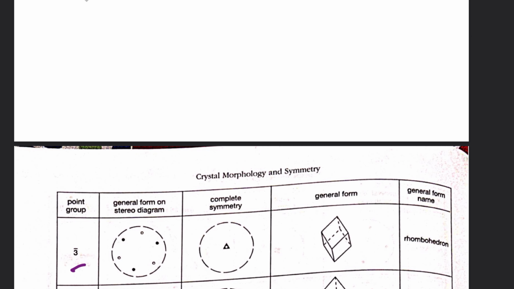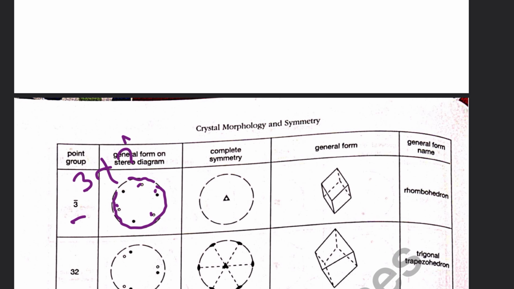The 3 sides, this bottom side is open. That's why it is an open form. And here 3 bar, it is 3 plus I. So no horizontal plane of symmetry. So this is dotted. There are 6 upper faces solid, 6 bottom faces open.